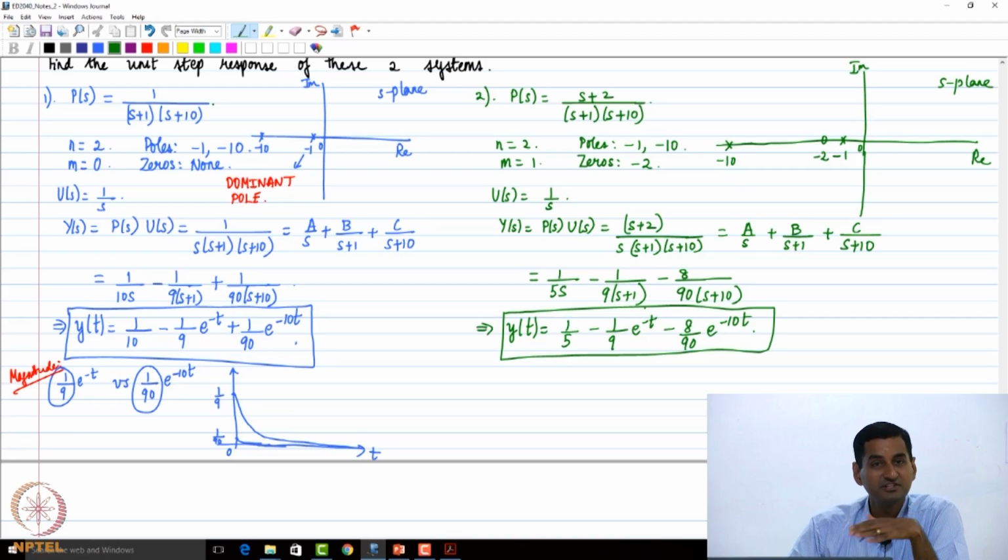Yes, it affects the residues. Okay, it affects the steady state values. But if I do a similar magnitude analysis, 1 by 9 e power minus t versus 8 by 90 e power minus 10t.